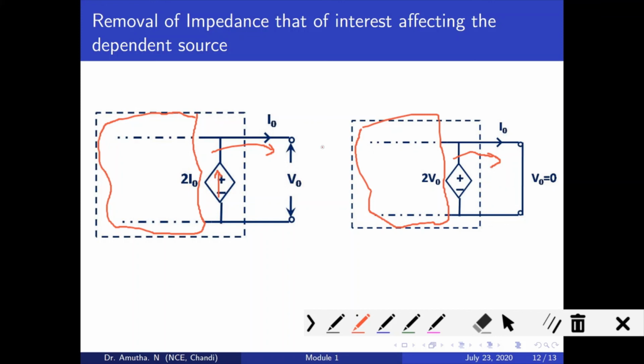So if there are dependent sources which depend on the current or voltage or the impedance of our interest, we cannot do Thevenin or Norton as such. What we have to do is include those dependent sources with the desired impedance. Then we can find the V Thevenin and I Thevenin.